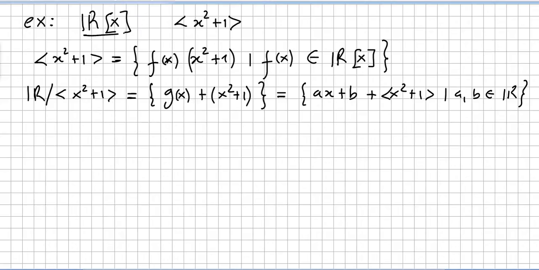We have the ring of polynomials with real coefficients and x squared plus 1, the principal ideal generated by x squared plus 1.